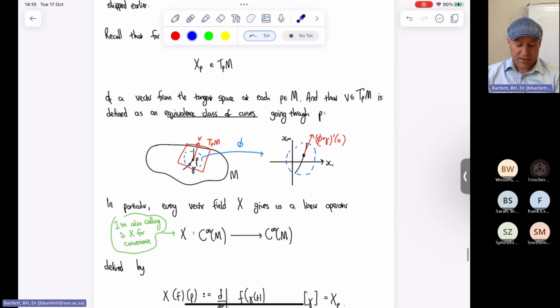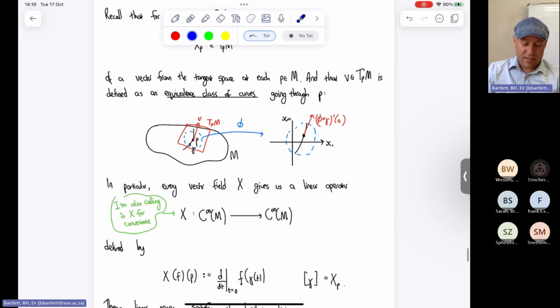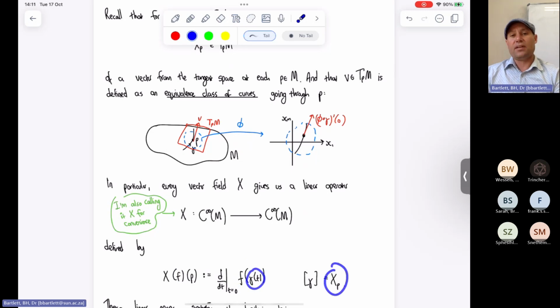So how is that defined? Just to be clear, I start with the smooth function f. I want to differentiate it along the vector field X to get a new smooth function. The value of that new smooth function at P is defined to be the derivative of my function along the curve gamma, which represents the vector X at P. Okay.